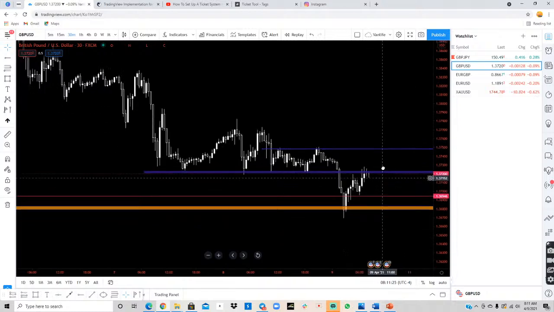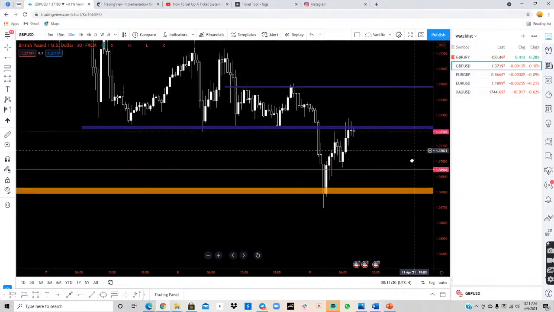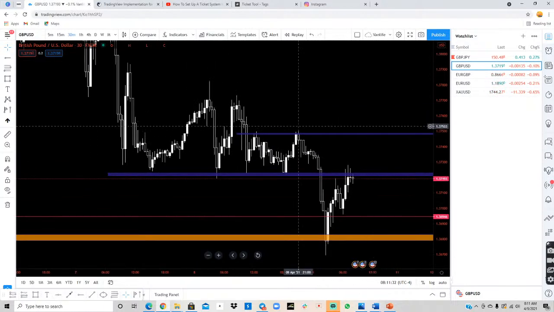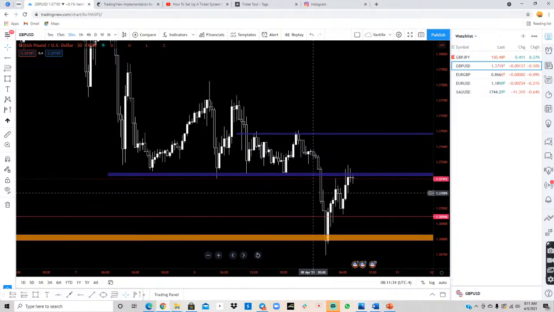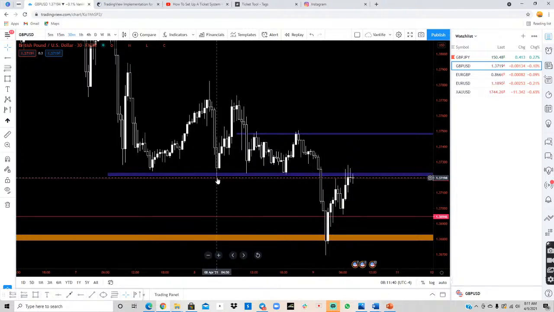GBP USD, I don't really like the current market structure, because this is an entire range. I think the better play was from 1:30 last night as we started to break below here, impulse play.